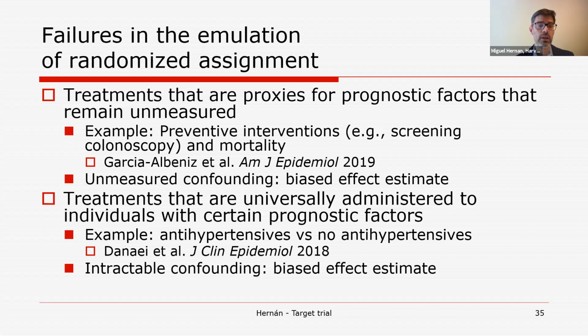It's just not possible. And also there are some treatments in which the confounding by indication is so extreme, everyone who has a certain indication takes the treatment, that you cannot use observational data either. So there are limits.